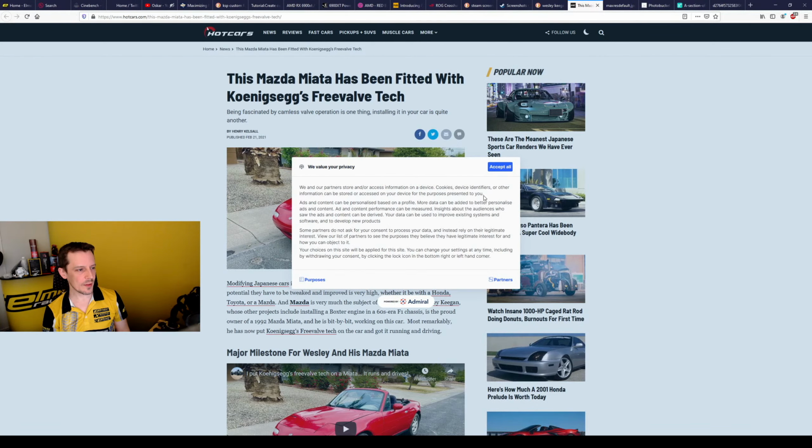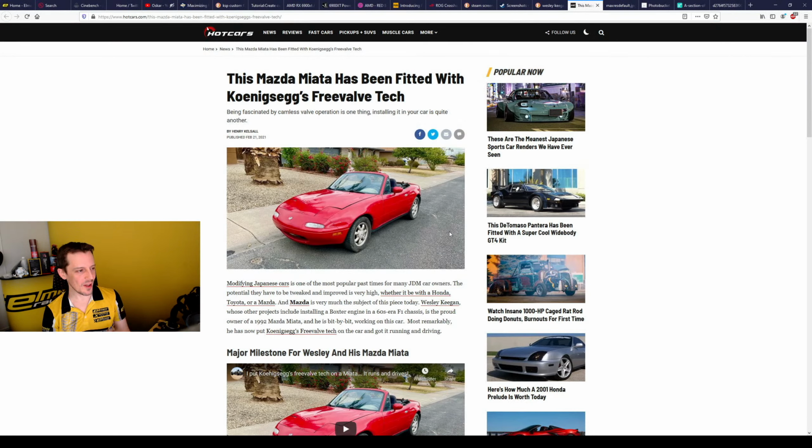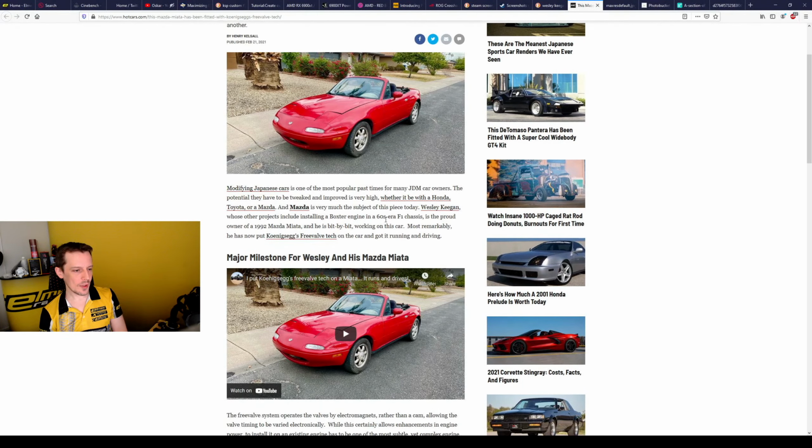Well, we're actually blocking them, so we can just pretend to accept everything. Fitted with Koenigsegg's freevalve tech. Supposedly an open source freevalve Miata concept. He's tried to do a similar system as Koenigsegg in his garage.